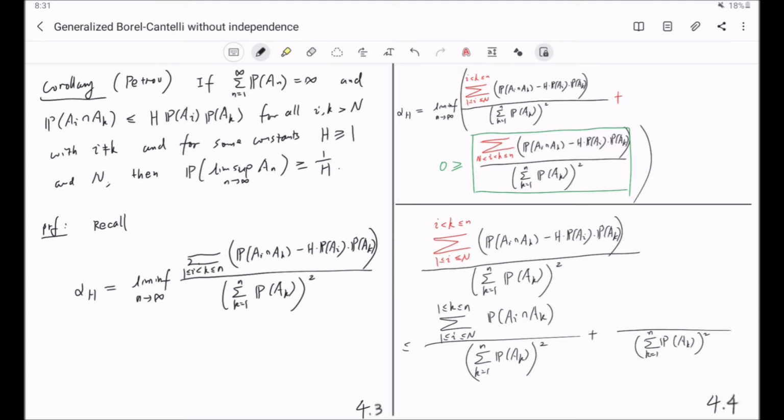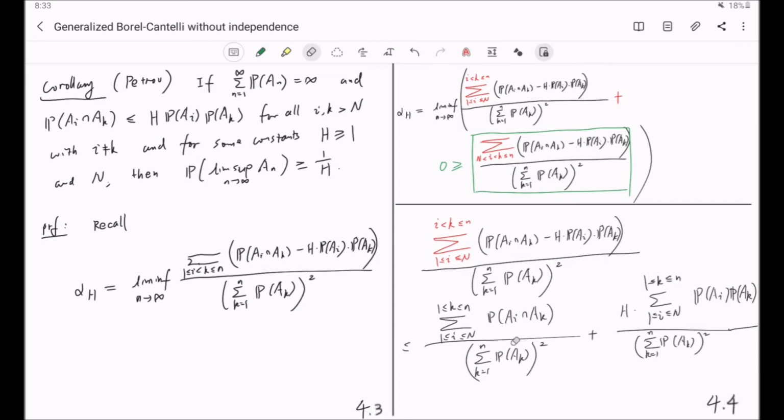And the numerator, there's h times the summation, where I is from 1 to capital N, and k has no more restrictions except that it is between 1 and n, of the probability P of AI times, and here we have changed the negative sign in the middle to the plus sign.